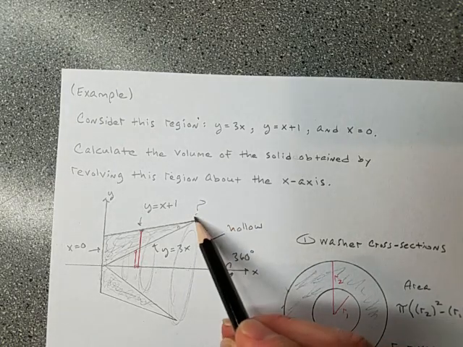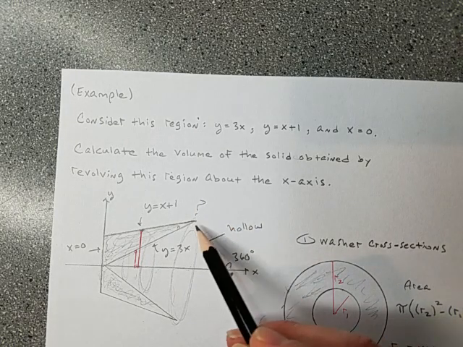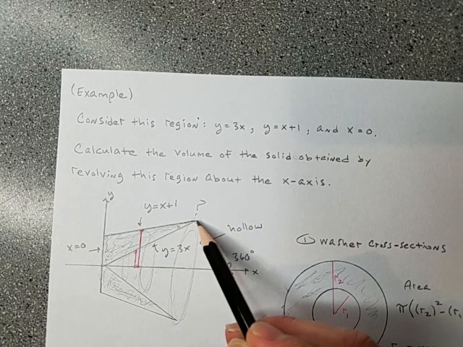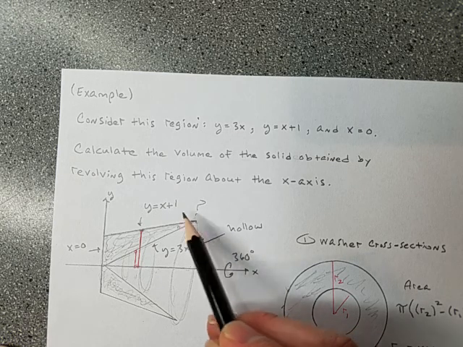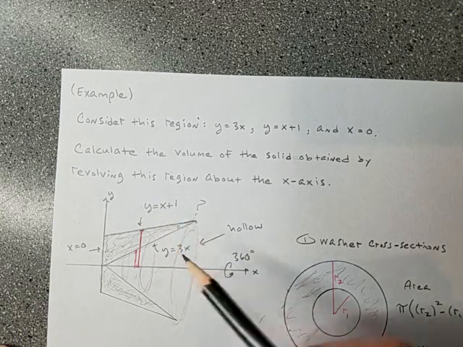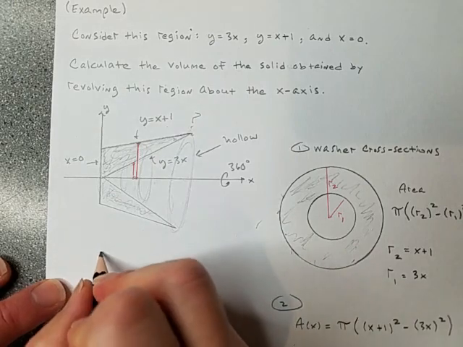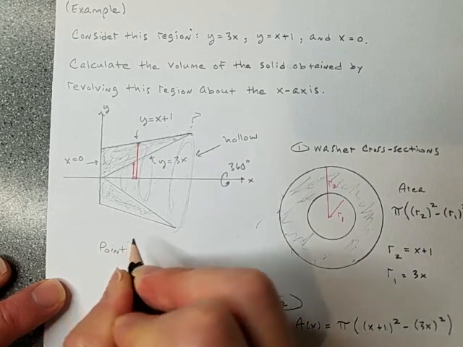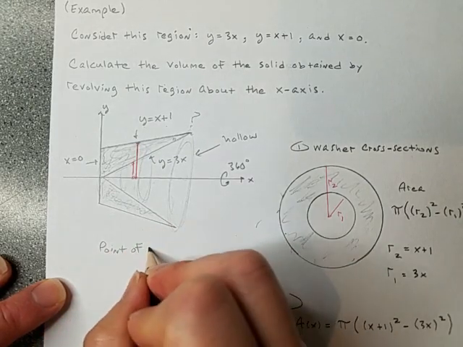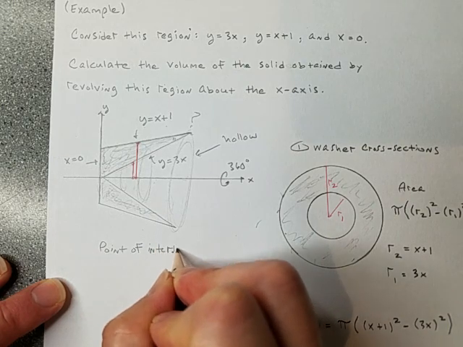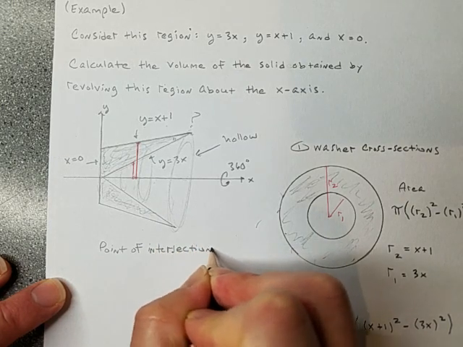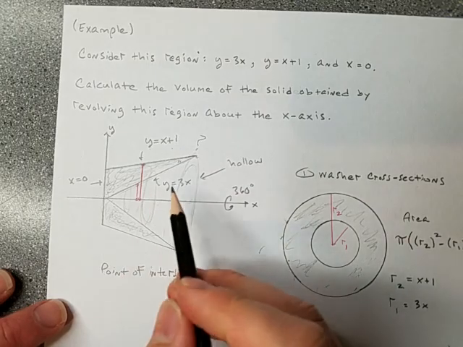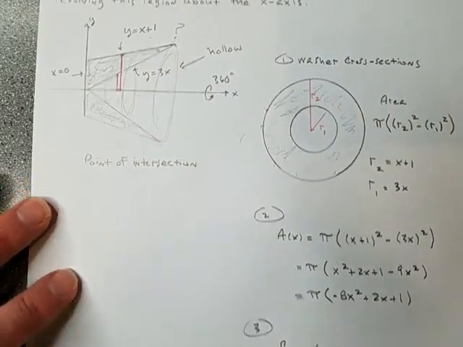Where's that point? Let's see. That point would be the intersection of the lines y is x plus 1 and y is 3x. So we need to find the point of intersection between those two lines to find our upper limit of integration.